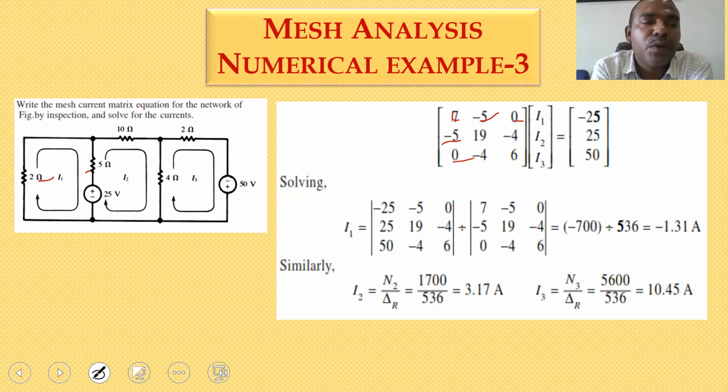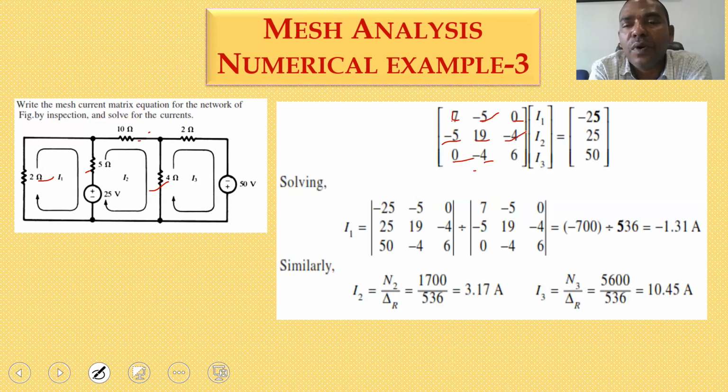Then coming to A22, the entire loop 2 connecting elements are 5 ohms, 10 ohms and 4 ohms. So 5 plus 10 plus 4, you get 19. Then A23 and A32. It is the connection between loop 2 and loop 3, which is 4 ohms. Off-diagonal elements for the given direction of current are negative.